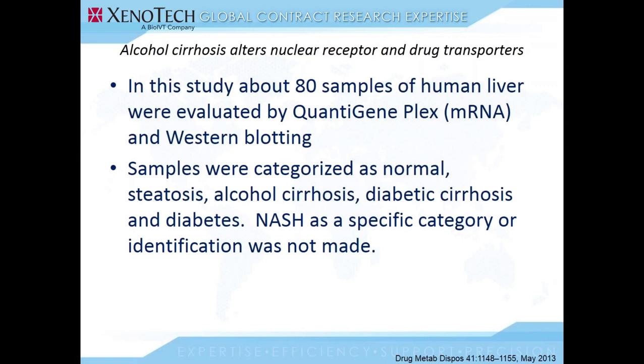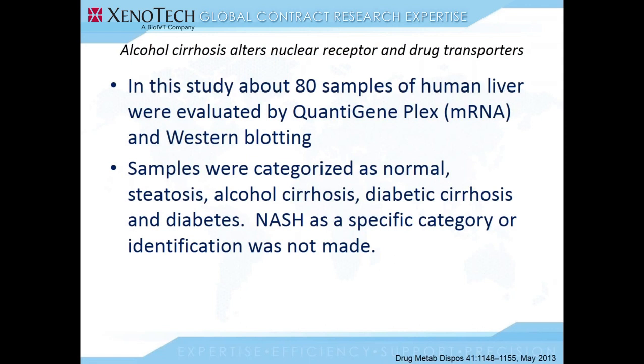I'll bring this study to your attention because somewhere among these samples, NASH samples may have been located, or alcoholic cirrhosis, which, at least histologically or pathologically, may be very similar in NASH or with alcohol.